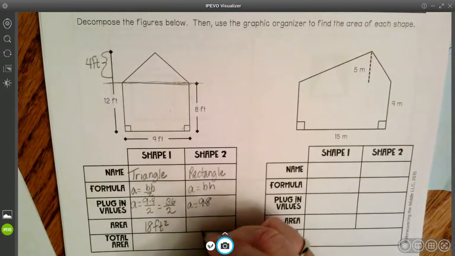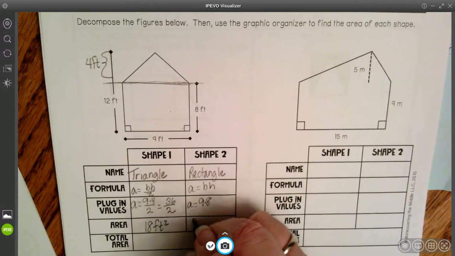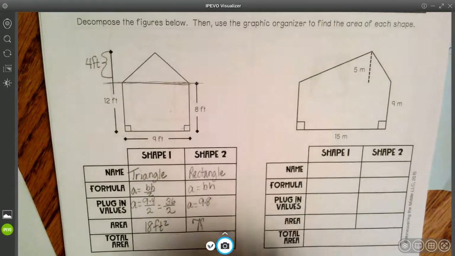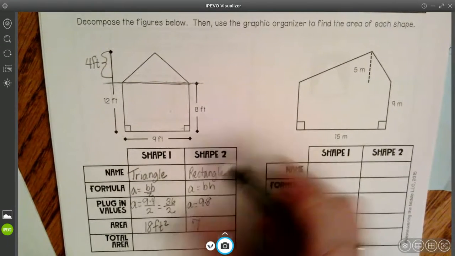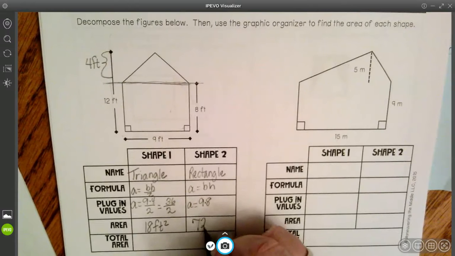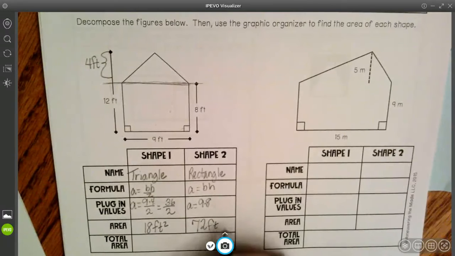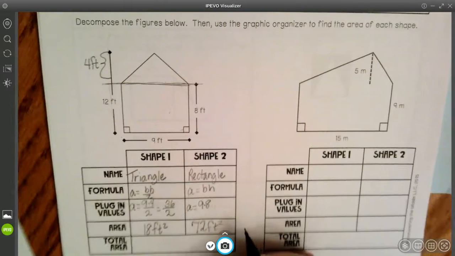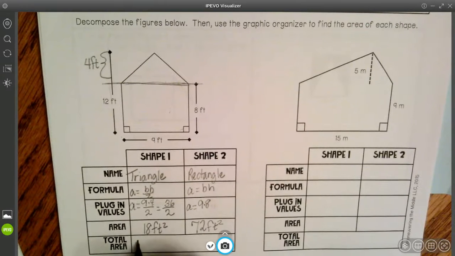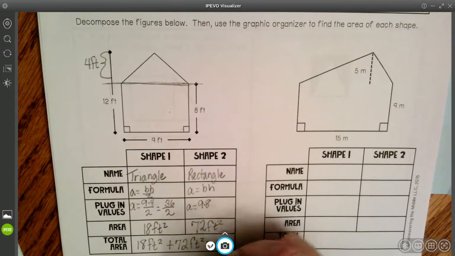And 9 times 8 is 72 feet squared. I guess it'd help if I could write today. Okay. And then for the total area of the two, we're going to add that together. So we've got 18 feet squared plus 72 feet squared. And that equals a total of 90 feet squared.